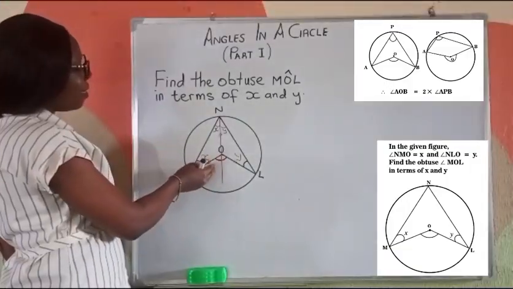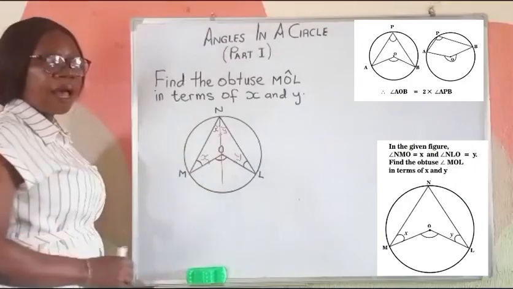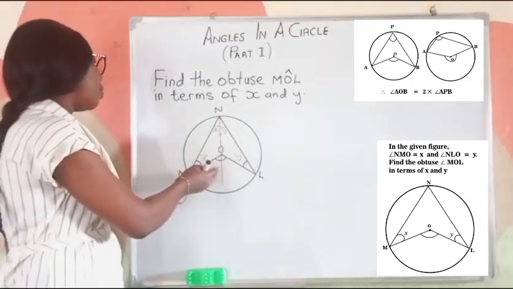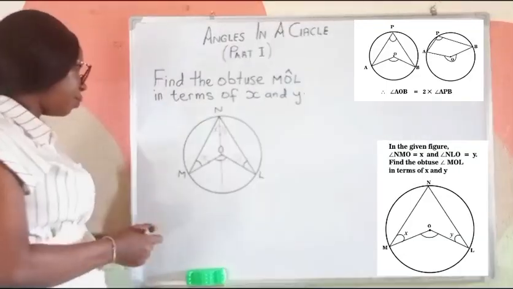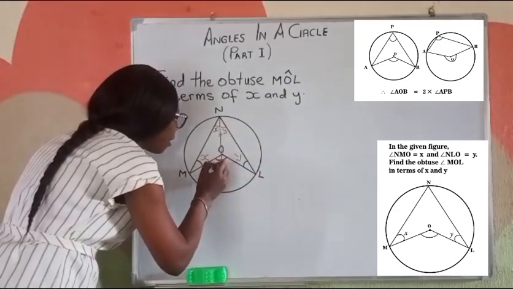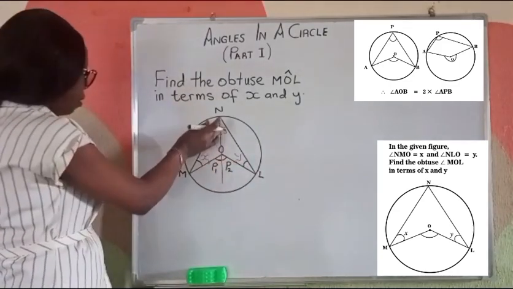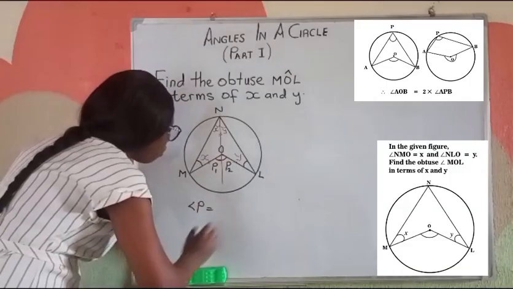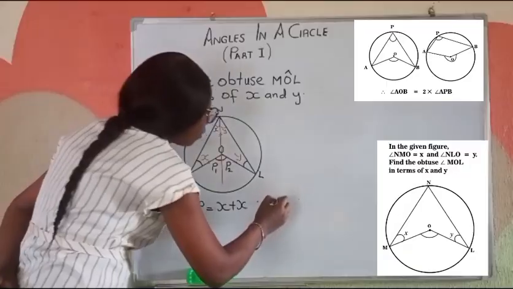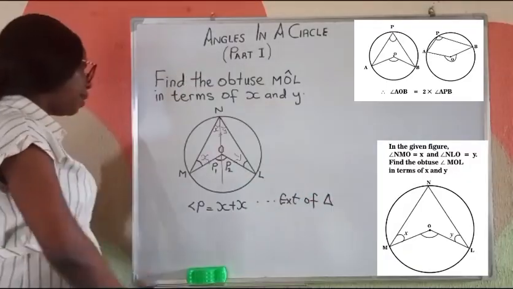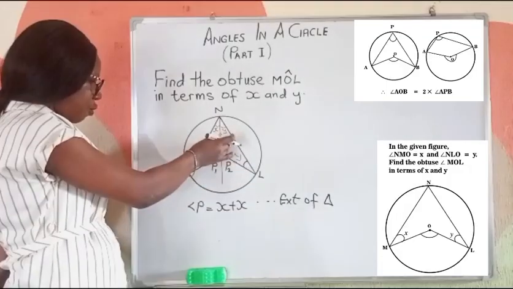This angle here is an exterior angle of this isosceles triangle. And remember, exterior angle is equal to the sum of the two opposite interior angles. So if we say that this is angle P1 and this is angle P2, then angle P1 is equal to X plus X, exterior angle of a triangle. Then angle P2 is also the exterior angle of this triangle.